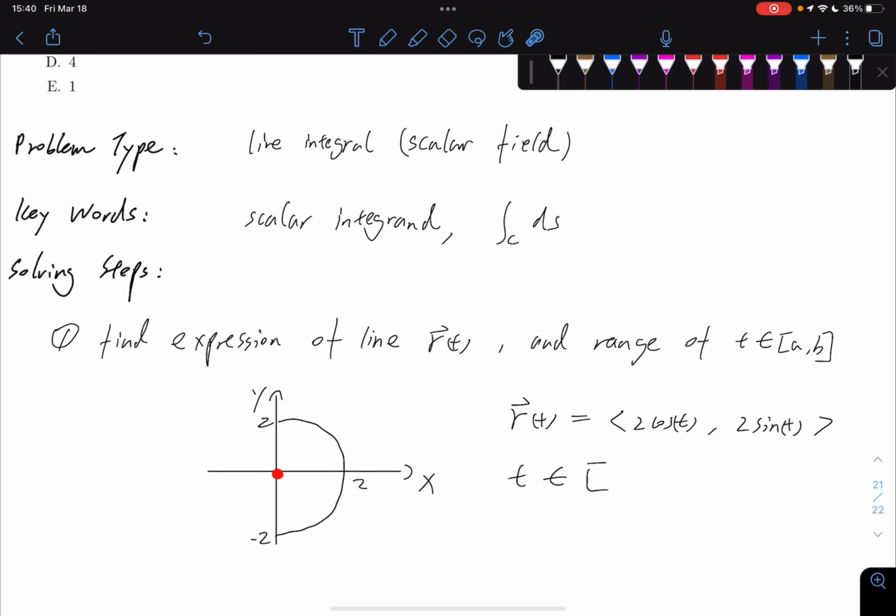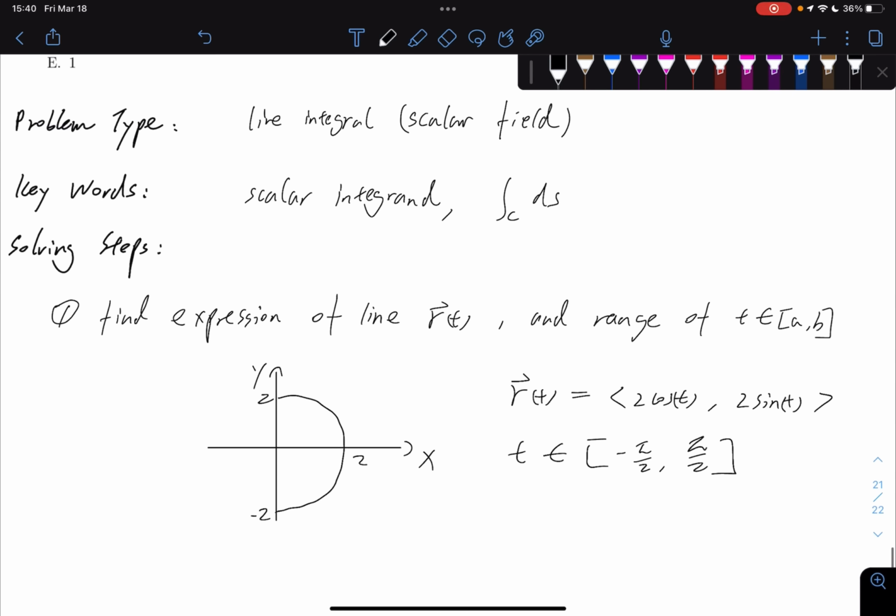If we go down, we should see t equals negative pi over 2, and if we go up, we should have positive pi over 2. So that's how you obtain the expression of r of t and the range of t.